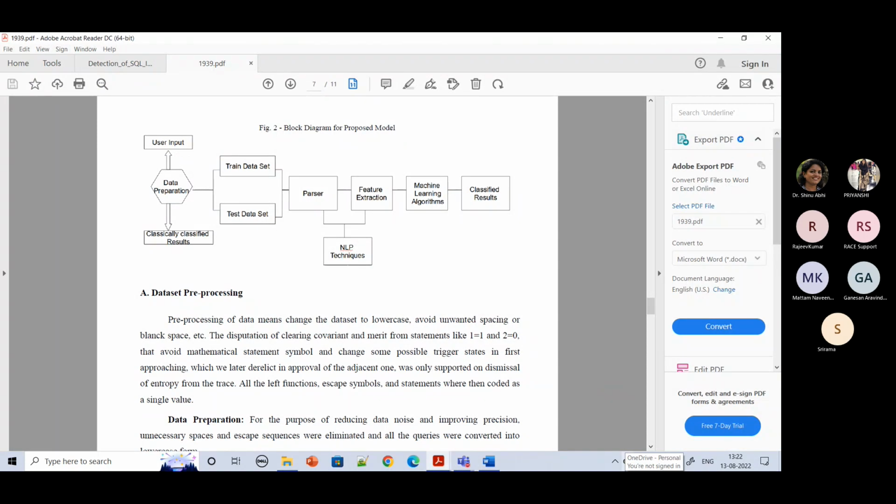I think there's some network issue at my end. Sorry for that. But yeah, I'll start. For this particular project, I took SQL injection as a scenario and detection of that using machine learning algorithms. The initial data will be the SQL queries, which are malicious, as well as valid input SQL queries, and that will be parsed and feature extraction will be done, and that will be fed to the machine learning algorithm to get a high accuracy report.